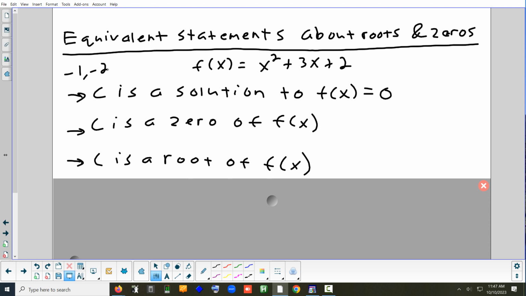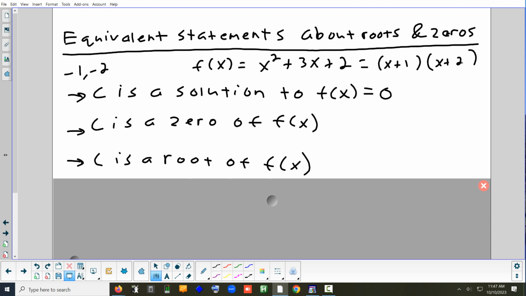Now, he also started to tell us how this factors. I want you to see the connection between the roots and how it factors. How does that factor? Yeah, x plus 1 and x plus 2.